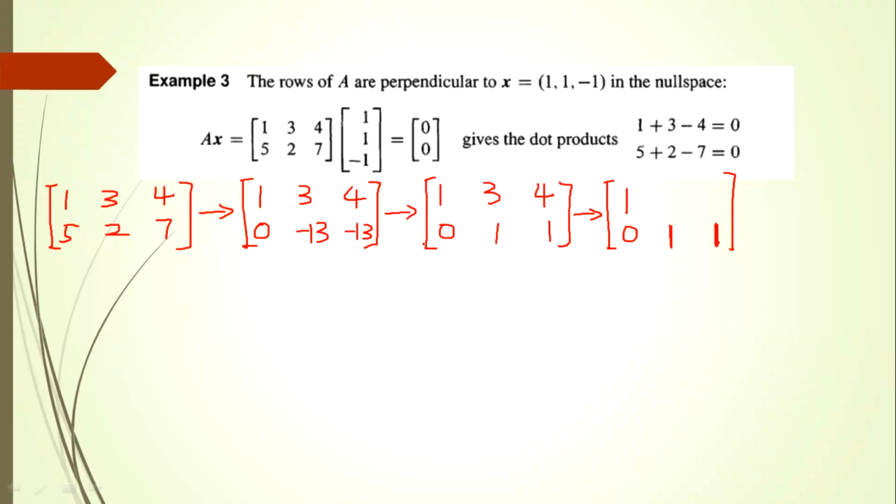It's row 1 minus 3 times row 2. So it's 1, 0, 4 minus 3, we get 1. Now this is the RRE form of matrix A, which we can also denote with the matrix R. What is the rank?